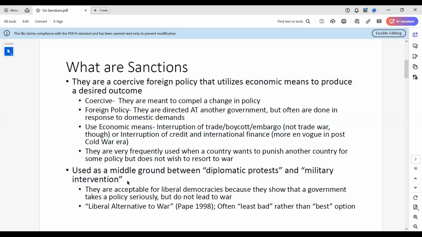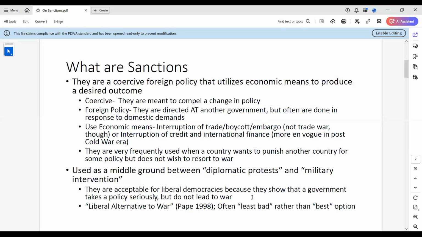As I mentioned here, this is usually used as a middle ground, especially in liberal literature on the subject. This is considered a middle ground between diplomatic protests and military intervention. They're acceptable for liberal democracies because they want to show that a government takes some policies seriously and is acknowledging the norm of sovereignty, which is very important in both realist literature and liberal literature, but doesn't want to go to war.